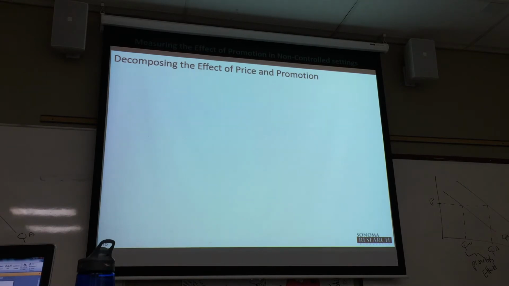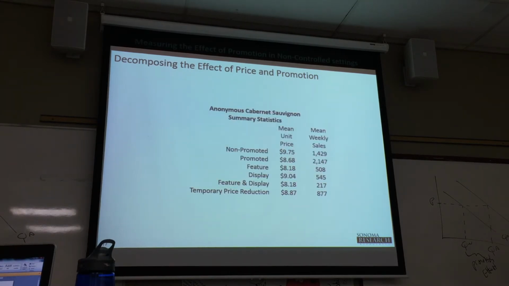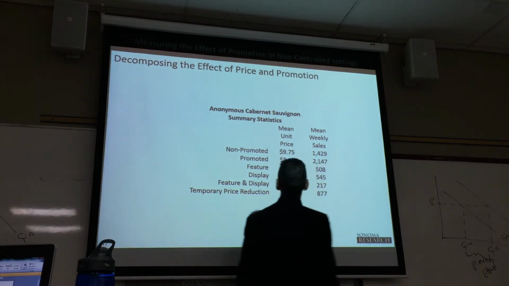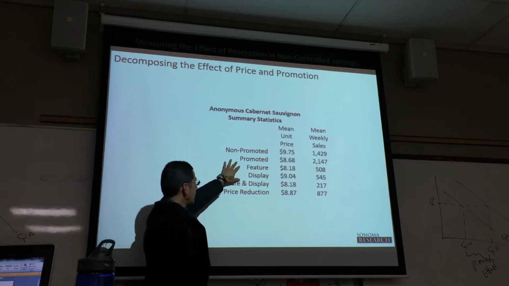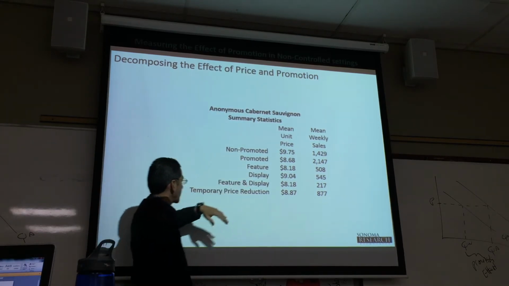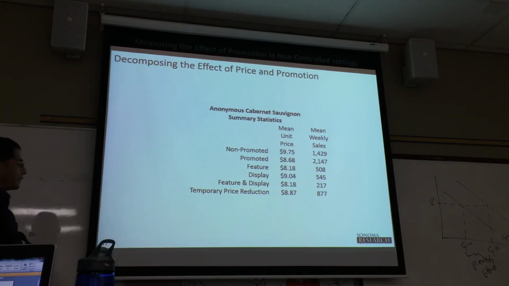Let's see, did I do it? This is the demand for an anonymous Cabernet. I think it's Mondavi Private Selecto. You can see that the non-promoted price is higher than the promoted, and then I break it down by the individual feature display.